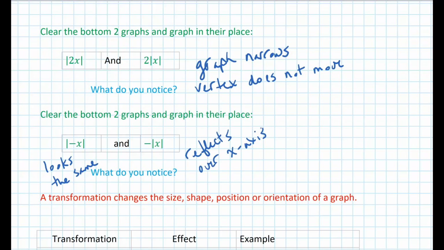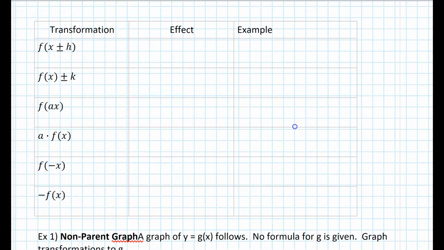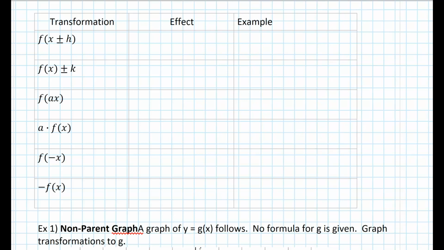Okay, so let's go over. I've got a little table here, so we're just going to fill in the things that we see. Okay, so when we have an addition or subtraction that happens to the x, as we see here, f of x plus or minus h.